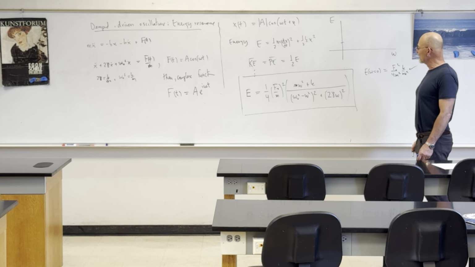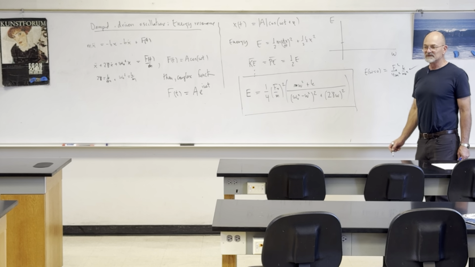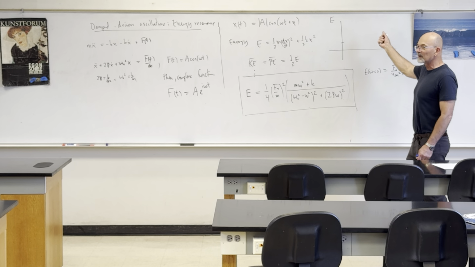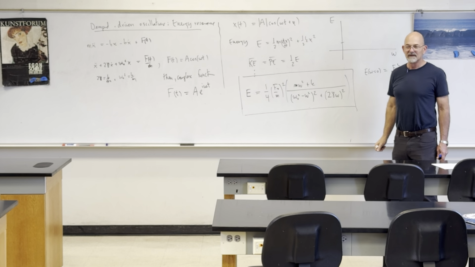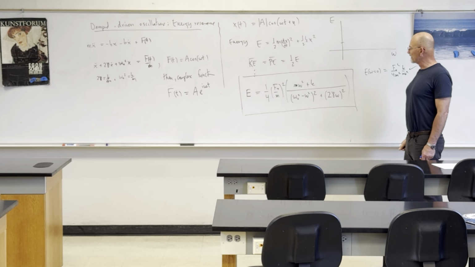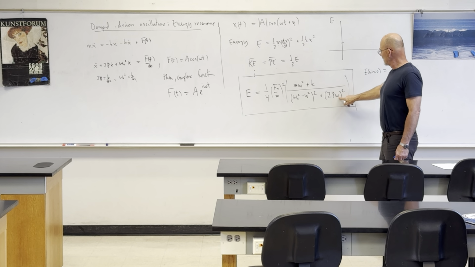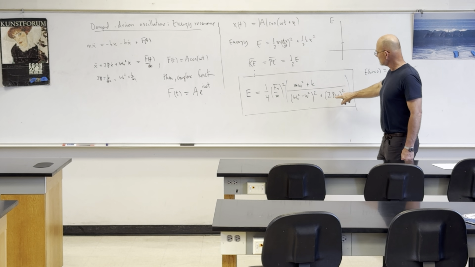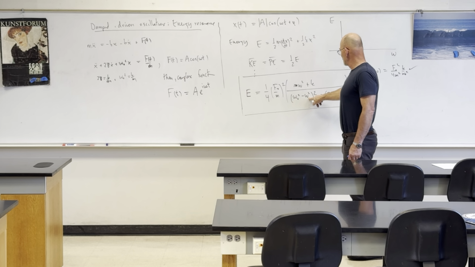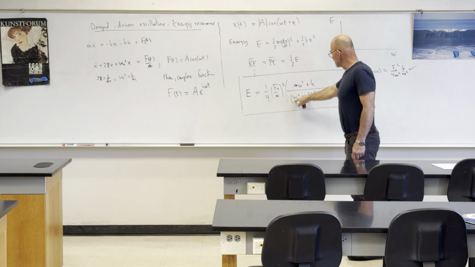So what happens to this as omega grows? As we turn the dial up on our omega, on our frequency generator, what happens to this function? This grows quadratically. This here, since we're starting with something, is actually going to decrease.